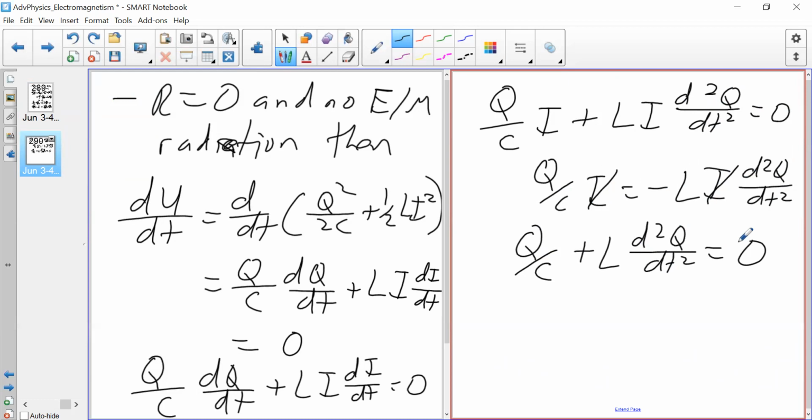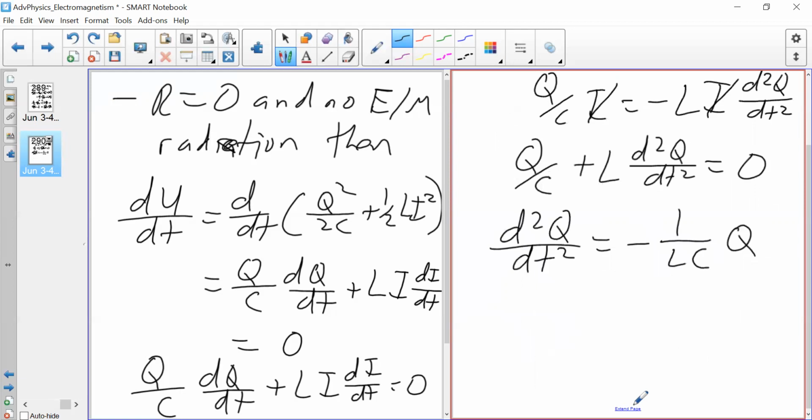So follow me here. I want to get q, so I'm going to take the expression with all the mess, the junk, and have it on one side, because I'm going to eventually get a natural log, but I got to do something. D squared q over dt squared, and the other stuff goes on the other side. That's going to be negative 1 over LC times Q. We can't just do it directly, we got to do some substitution.